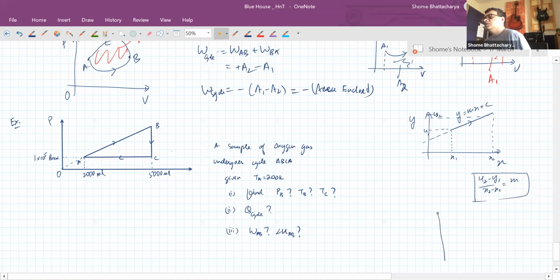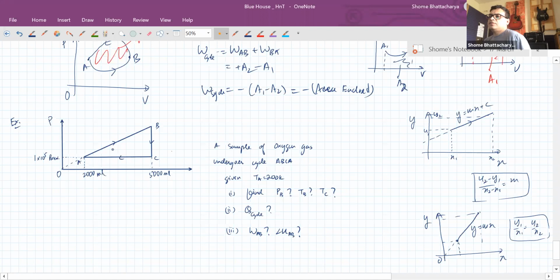Whereas there's another kind of line which passes through the origin. This line is y equal to mx. So for this we can just use the relation that y1 upon x1 is equal to y2 upon x2. You understanding now?